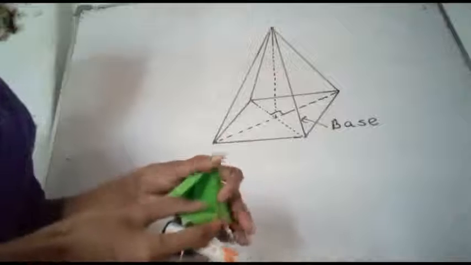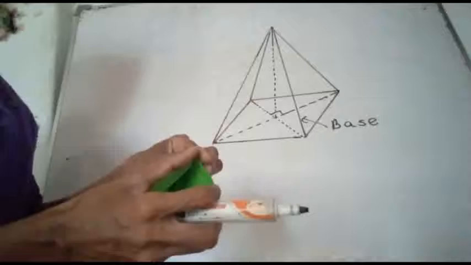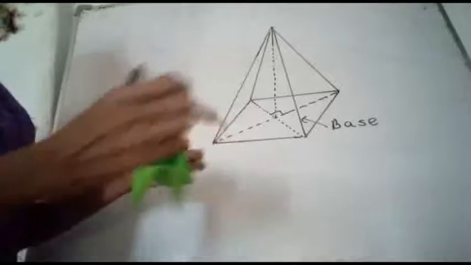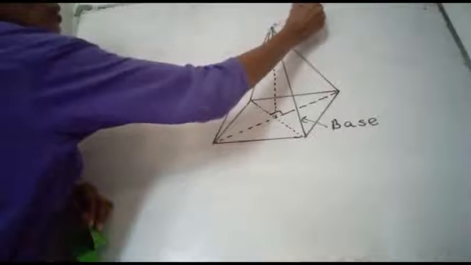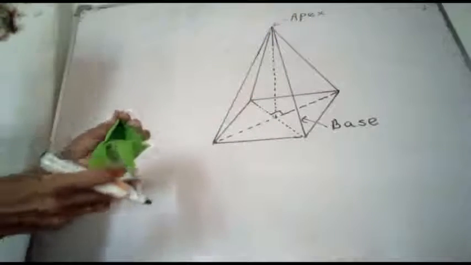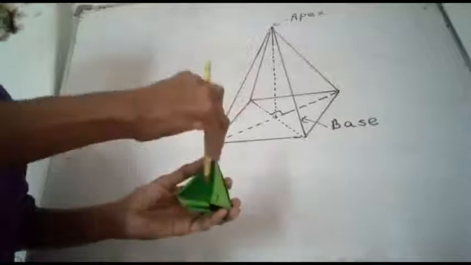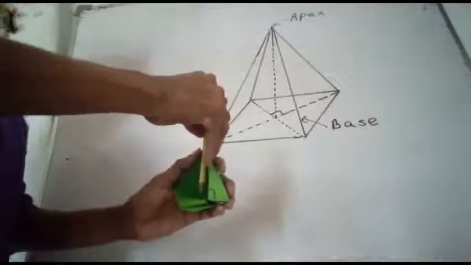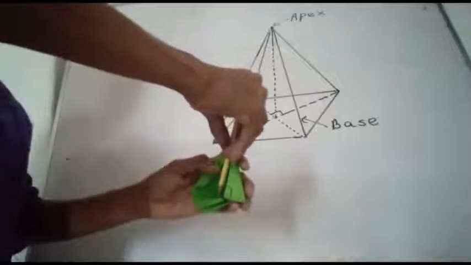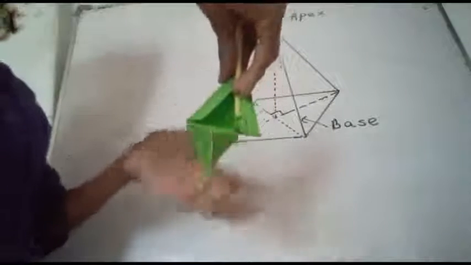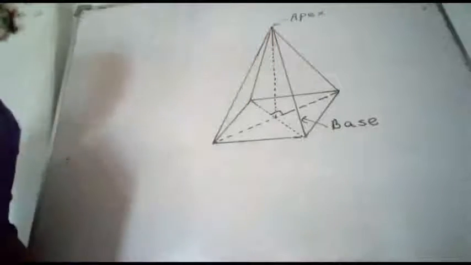This is the apex of the square base pyramid. When we join the apex and the center of the base, this is the perpendicular height of the square base right pyramid.